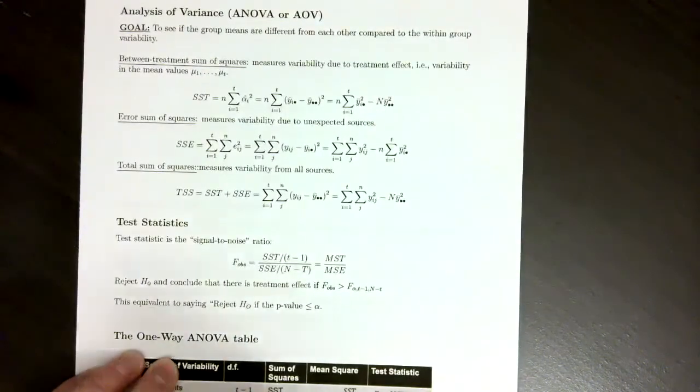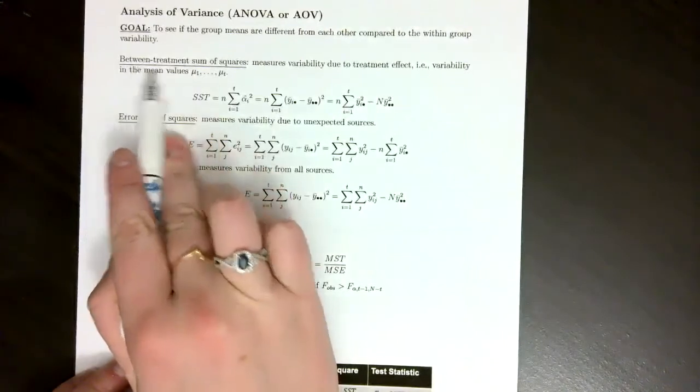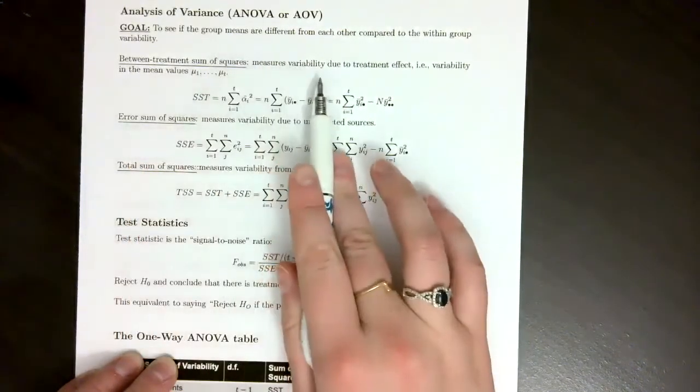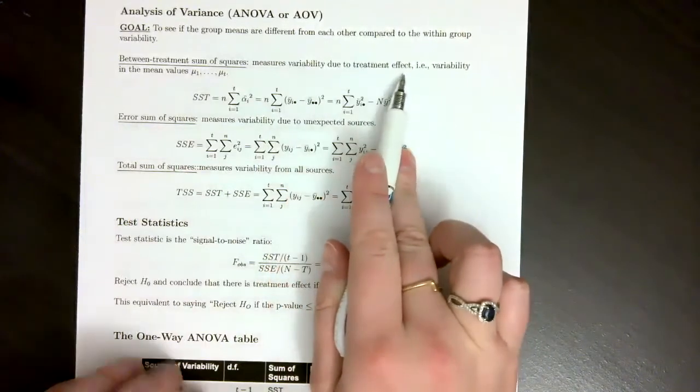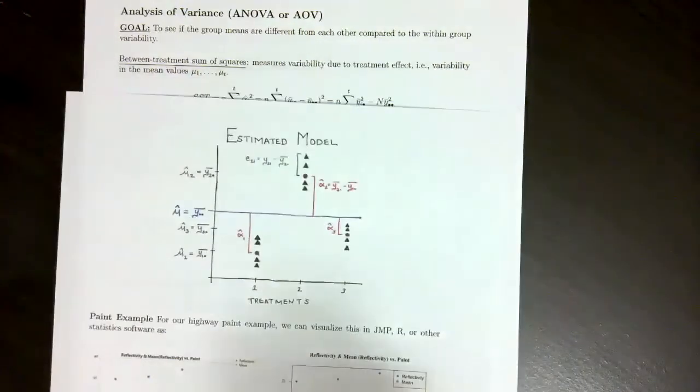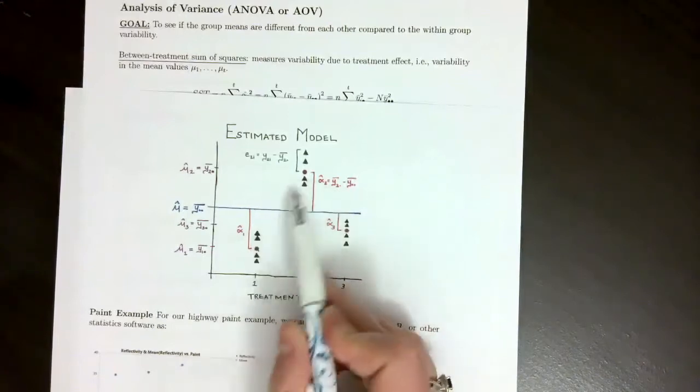How we do that is, first, we look at the between treatment sums of squares. This is going to measure the variability due to our treatment effect. This is the group to group variability. So this is going to be looking at the differences between our alphas.